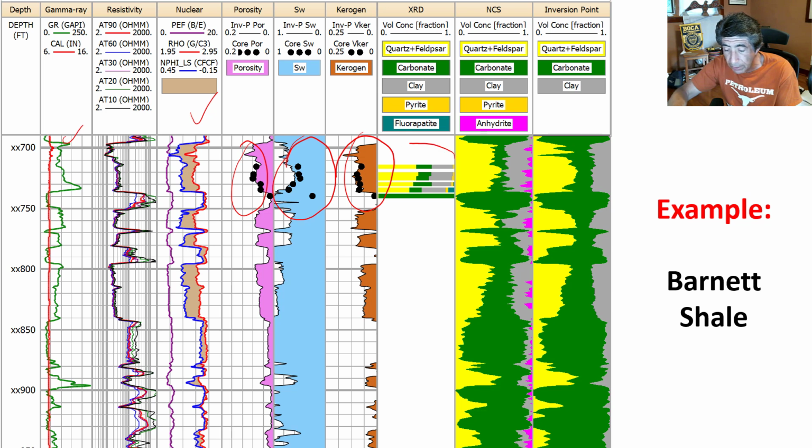We also have X-ray diffraction data from the core measurements, and then we have estimations of volumetric concentrations, which in this case are quartz, carbonate, clay, pyrite, and anhydrite. All of these were estimated from a well log that uses spectroscopy based on neutron capture gamma ray emissions.